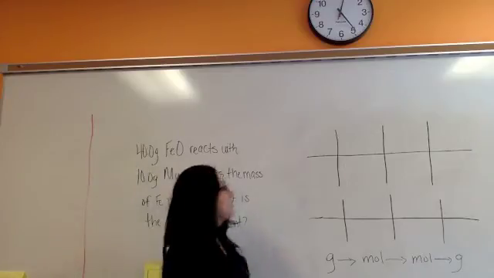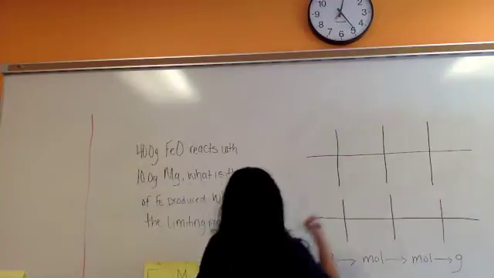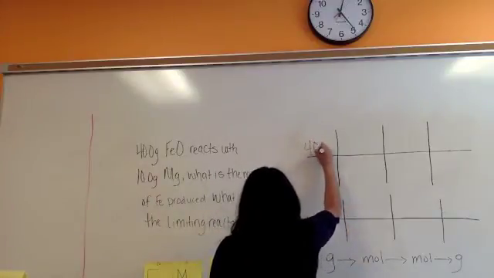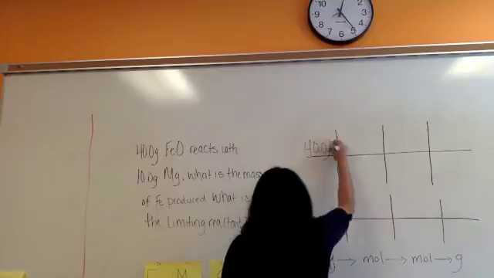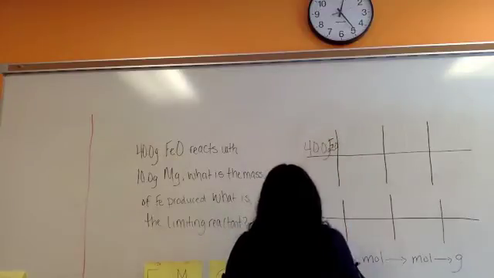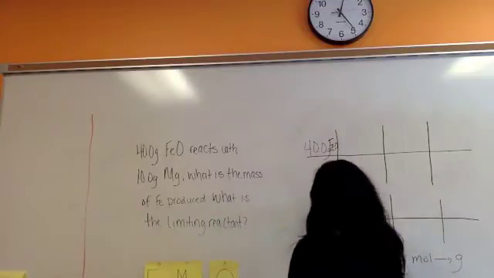So we're going to start with our units given, which we have 40 milligrams of iron oxide and 10 milligrams of magnesium.